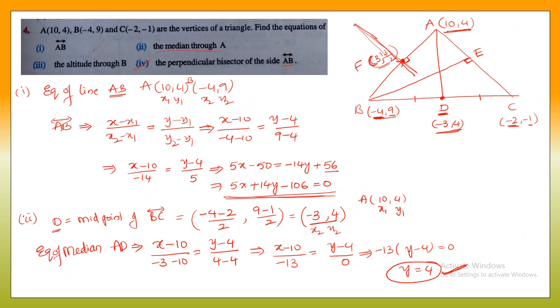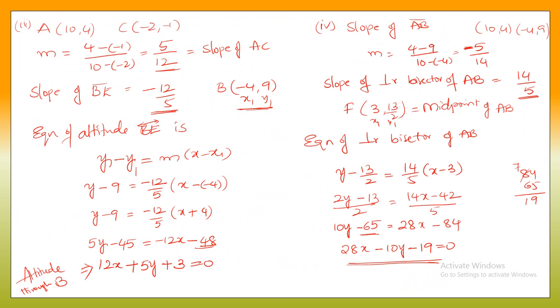Using that concept, we got 2 points and found the equation of the line. Next, for the third one, the altitude through B, the perpendicular concept comes into play, so we used that. And next, a perpendicular bisector is perpendicular as well as passes through the midpoint of the given side. Based on that we solved the third bit as well as the fourth bit.